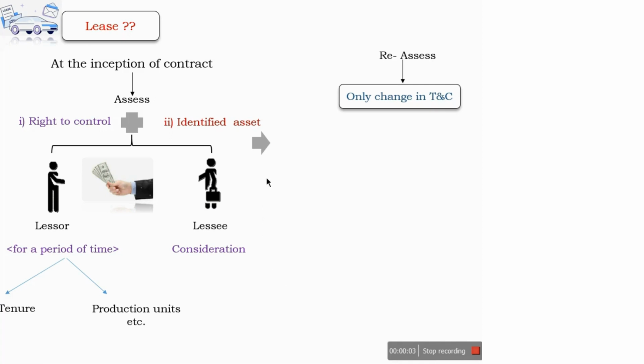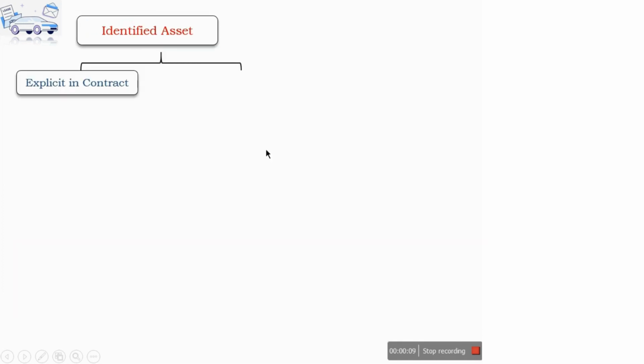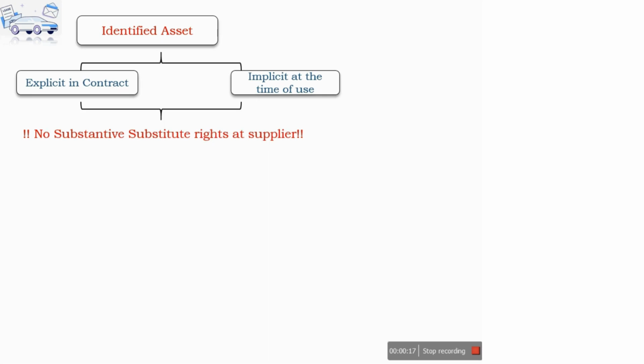Let's understand the meaning of identified asset. An identified asset may be explicit in the contract or it may be implicit at the time of use. But the supplier should not have any substantive substitution right in respect of the asset.